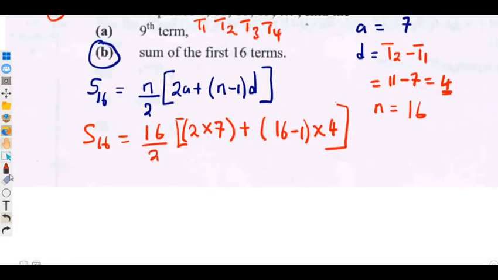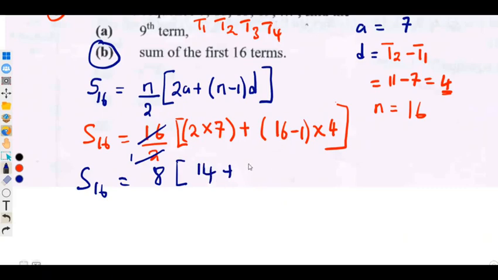Then from there, what are we going to do? We write sum of 16 terms is equal to, so 2 into 16 is 8, then 2 times 7 it's a 14, then this will be a plus, then here we have 16 minus 1, it's a 15. Okay, then times a 4.